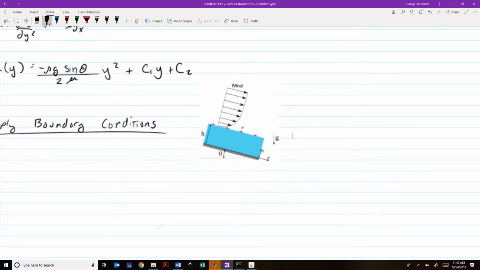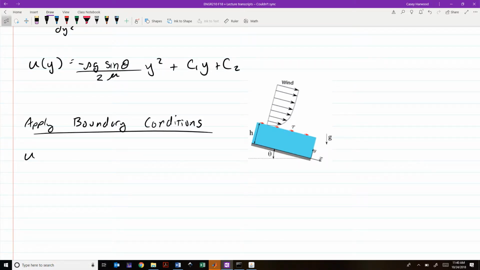Okay. So if we're looking at this flow here, anyone want to volunteer a first boundary condition? What can we say about the x component of fluid velocity? Notice, by the way, I didn't point it out explicitly, but we tilted our coordinate system so that x is pointing down the ramp. How about at the surface of the ramp?